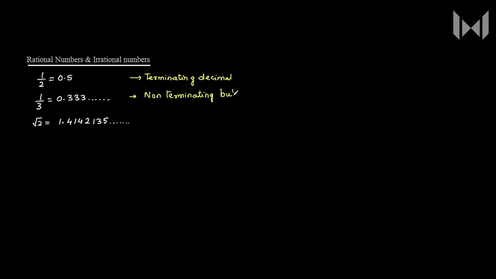Non-terminating but recurring. And in the third case, we have non-terminating, non-recurring. That means the decimal neither terminates nor gets repeated.